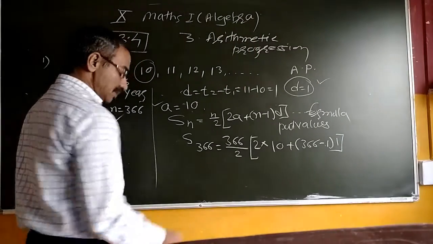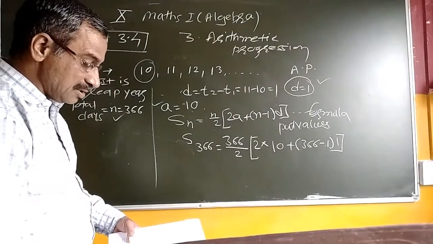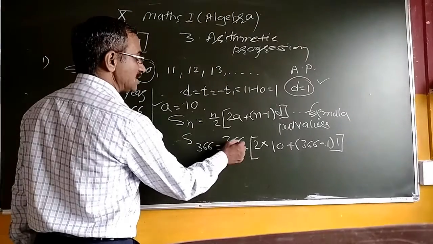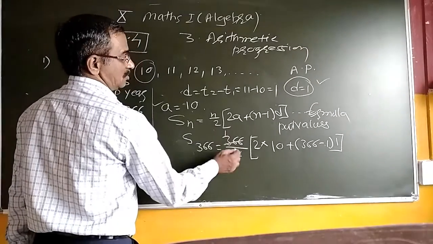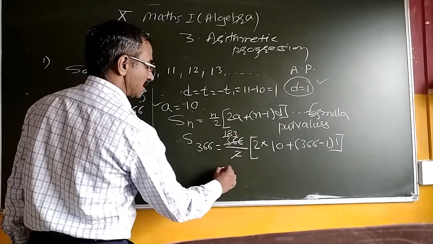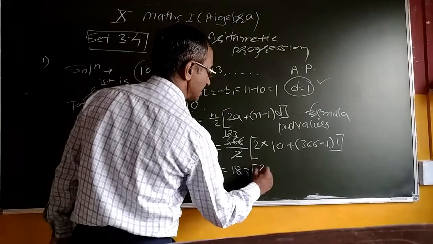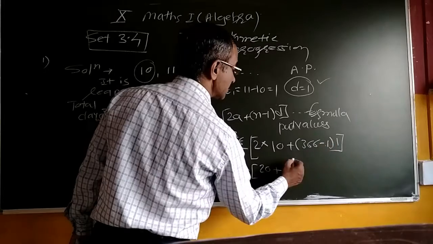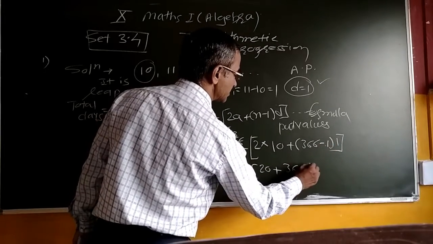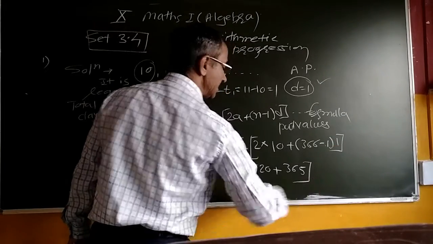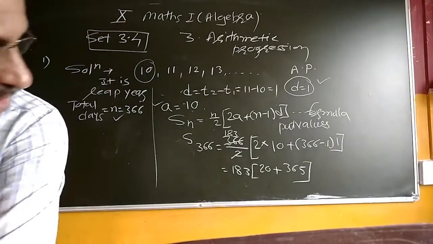So by solving it, 366 divided by 2, 2 threes are 6, 2 eights are 16, so it is 183. 2 into 10 is 20. 366 minus 1 is 365, into 1, 365 into 1 is 365.